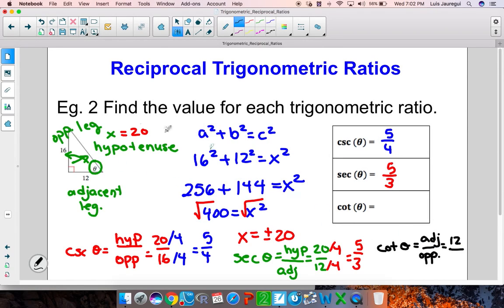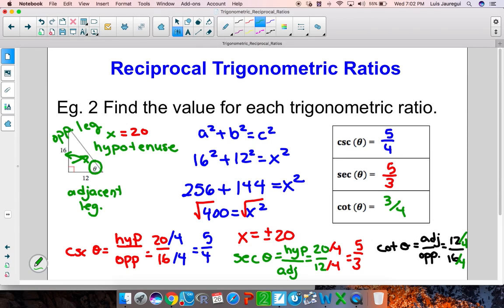Your opposite here happens to be 16. Let's go ahead and divide by the greatest common factor, which happens to be 4 as well. And we'll get that cotangent is 12 divided by 4 is 3, and 16 divided by 4 is 4. So cotangent of theta is 3/4.